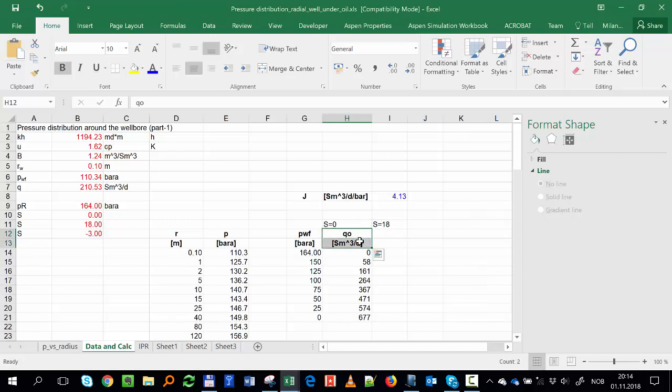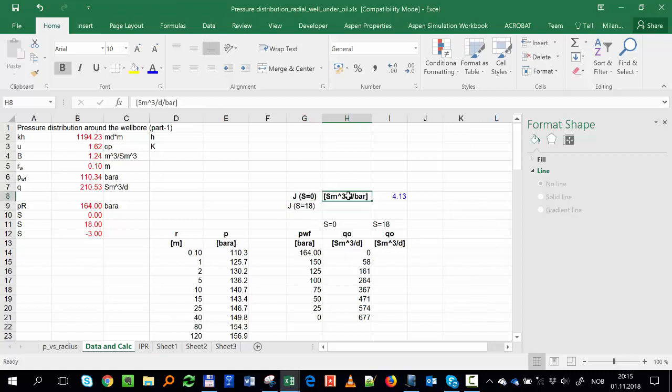We are going to use the same Pwf, but now we use this skin. We have to calculate another J: this is J for S equals 0, and this will be J for S equals 18.